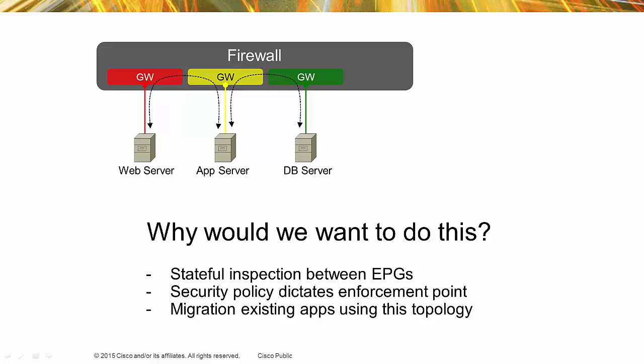In that case, we can send the traffic to the firewall, and we can use the firewall's routing or switching functionality to switch the traffic from one VRF to another, or from one context to another context, or between one interface and another interface, and then send the traffic back to the destination. That way we can achieve stateful inspection, and we can also enforce or apply some more policies according to our environment.